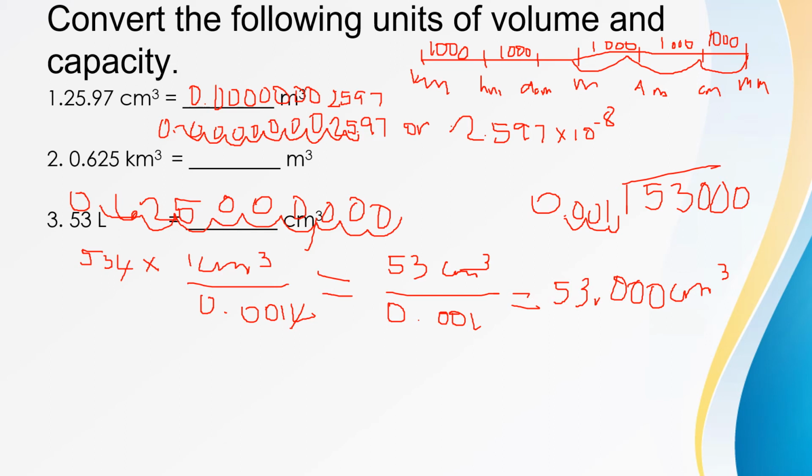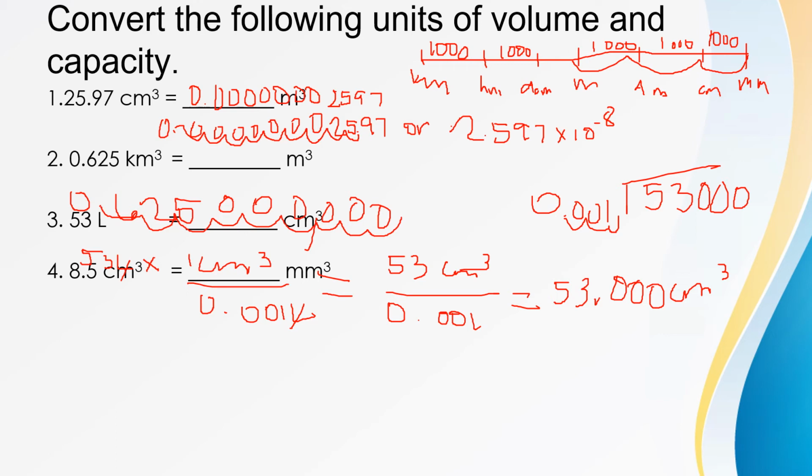Okay? Alright, tama yan, because 1 cubic centimeter is equal to 1 ml. We will multiply 53 times 1,000. So that's 53,000. Okay. Next, 8.5 cubic centimeter to cubic millimeter. So ito, times 1,000 lang natin yan.